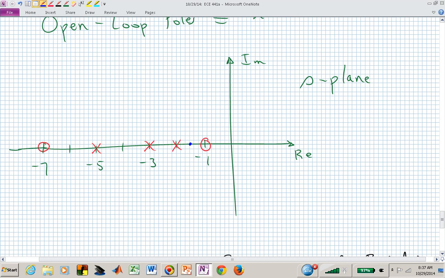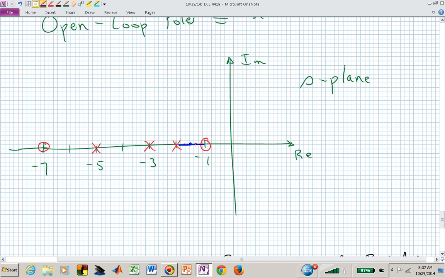And the answer is, yes, you see poles and zeros. How many? 1. Is 1 odd? Yes. So now we know that anywhere we stand here actually is going to see that 1 odd pole or zero, and that segment is going to belong to the root locus.